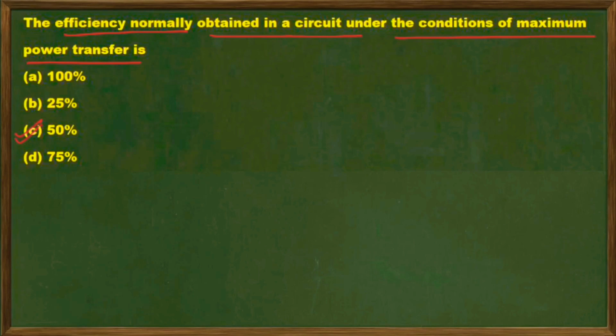In the last class we derived how to find the maximum efficiency of a network under the maximum power transfer theorem. If you have not watched that, then please watch that. We can understand how easily we can find the efficiency of the network. Okay, now let's move on to the next question.